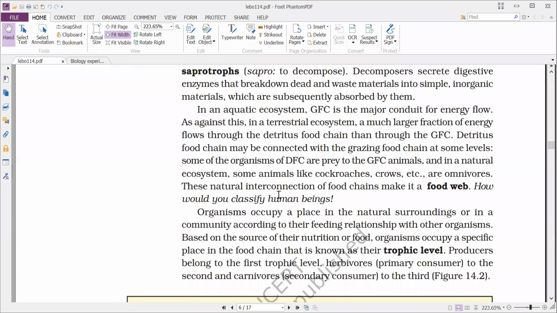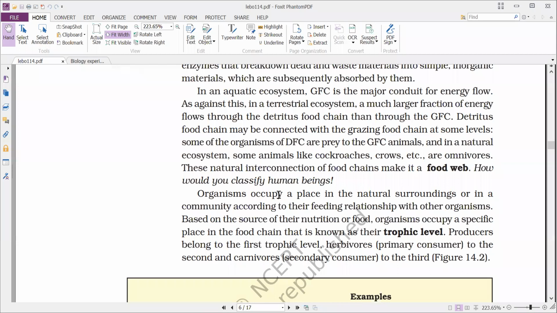Next, when it comes to the aquatic ecosystem, the grazing food chain is the major conduit for energy flow.